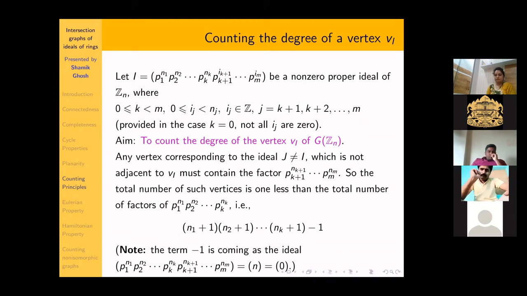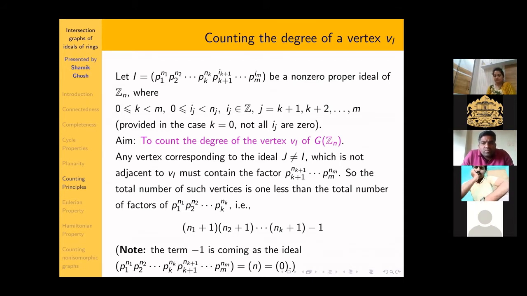So the ideal that is not adjacent to vi, you see in the two lines below the violet line, must contain the factor p(k+1) to the power n(k+1) up to pm to the power nm. Now, how many of them?